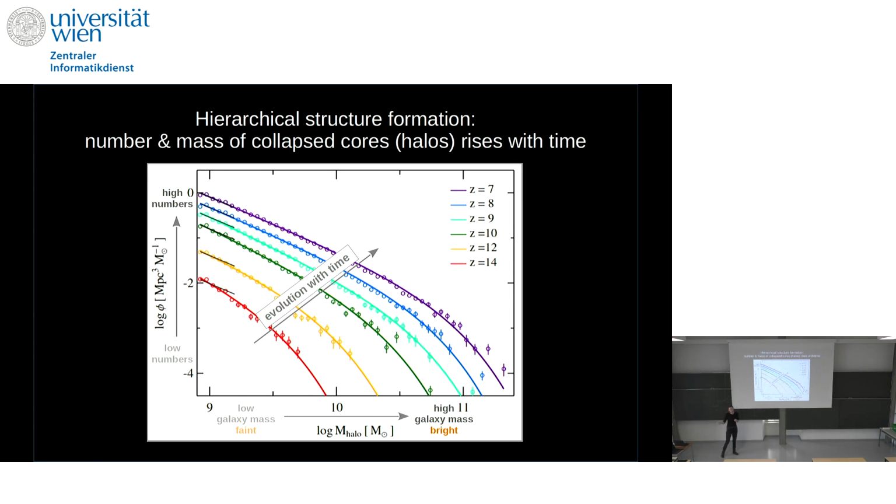So you form more and more small stuff. So in the end, your galaxies grow in size, but they also grow in number on the low mass end. So basically, as we go in time, we get to see more galaxies and also more massive galaxies because they become more massive.